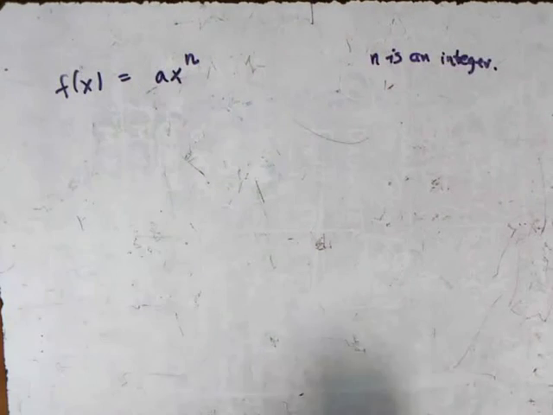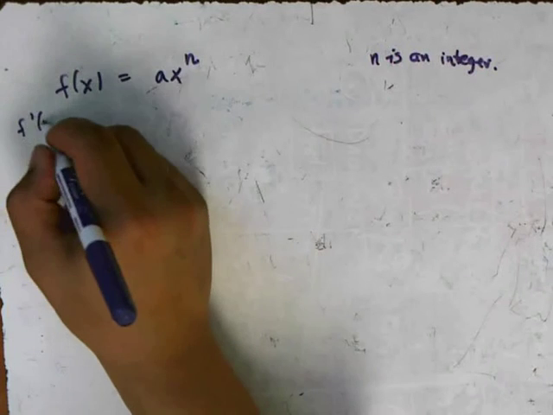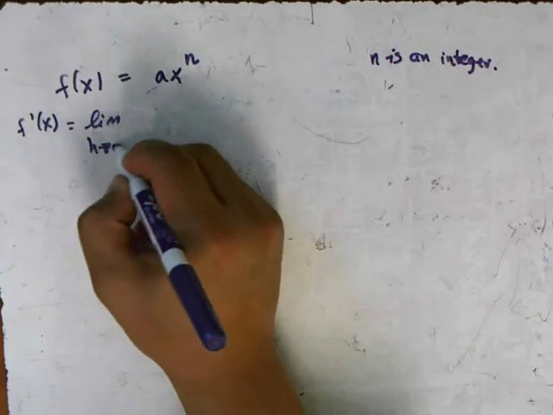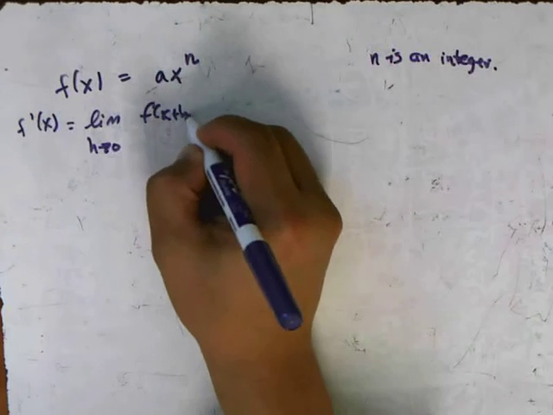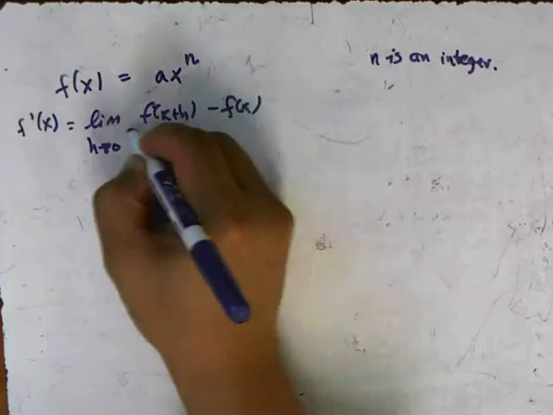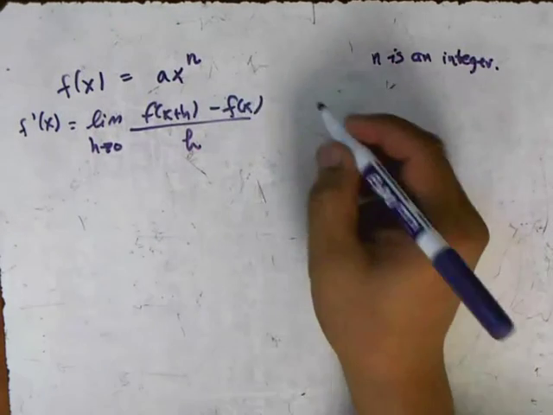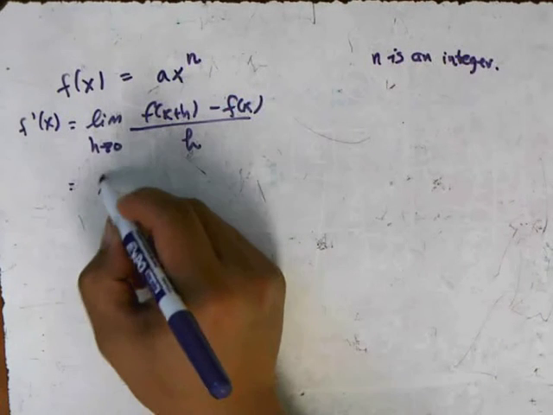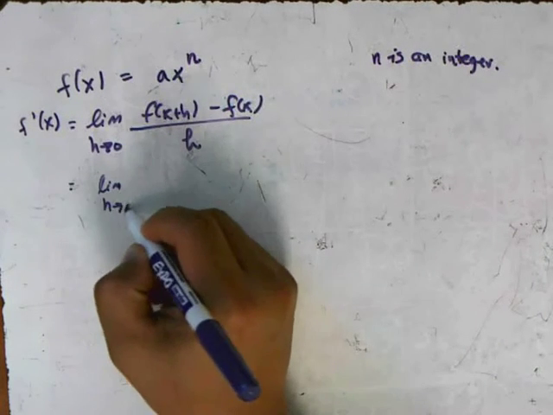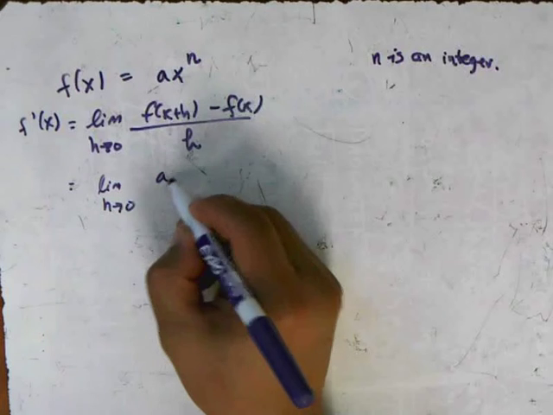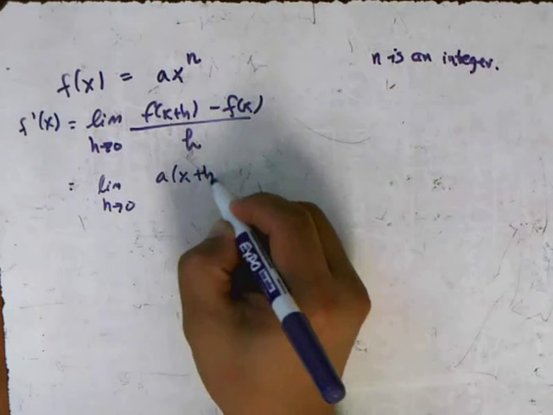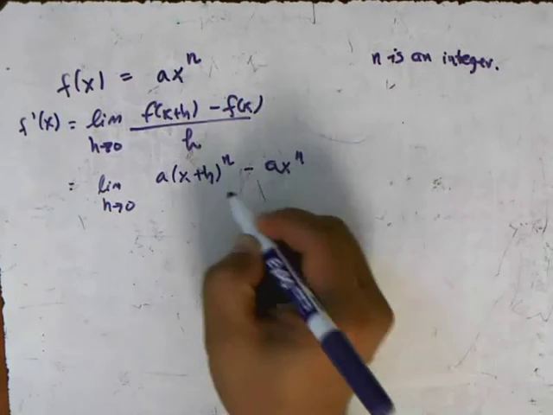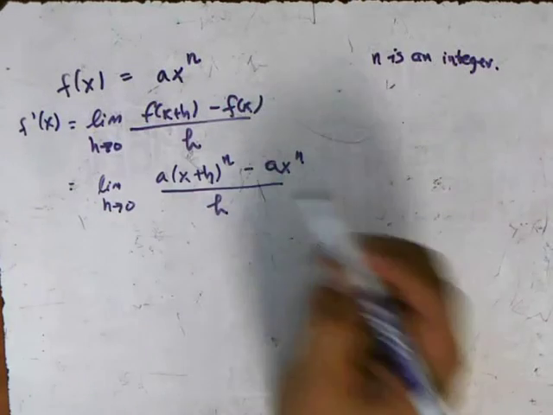Now let's take the derivative of this. So f prime of x is equal to the limit as h approaches 0 of f of x plus h minus f of x, all of it divided by h, which in our particular example is equal to the limit as h approaches 0 of a times (x plus h) to the nth minus ax to the nth, all of it over h.